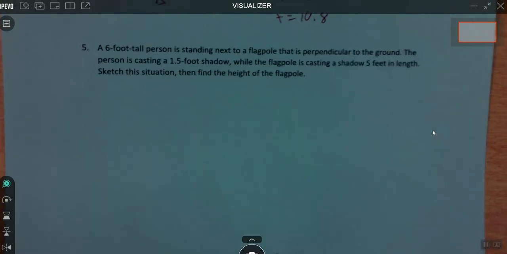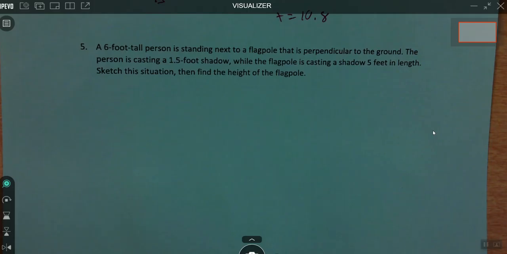How do we like word problems? Yeah? No? Does anyone want to sketch on the board what they drew? No? I want to see everyone's drawings. Remember, we're talking about shadows, shadows on the ground. Rose, you want to sketch it? Yeah.